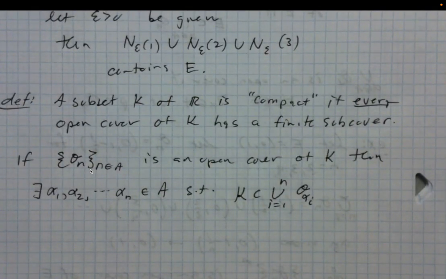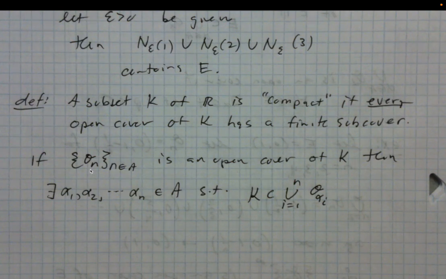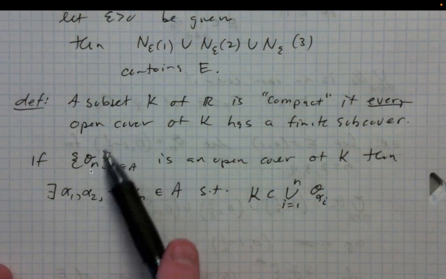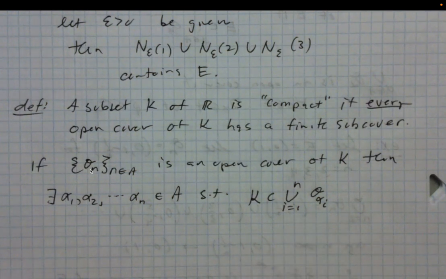So a compact set is a set where for every open cover it's possible to find a finite subcover, which is a subset of an open cover. Basically, K is compact if it is always possible to throw out all but a finite number of open sets for any open cover of K.